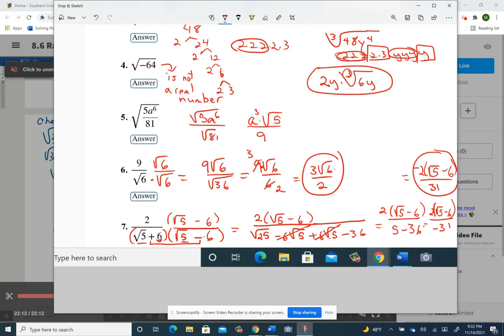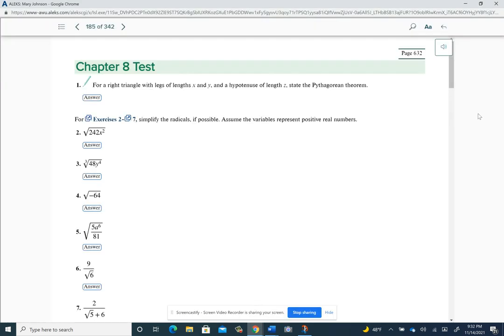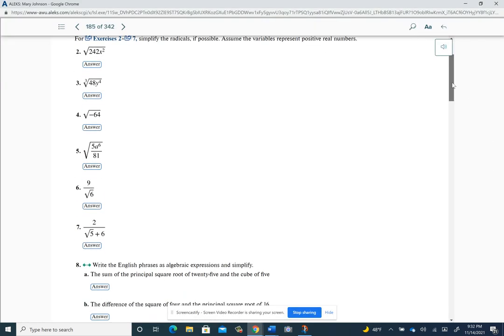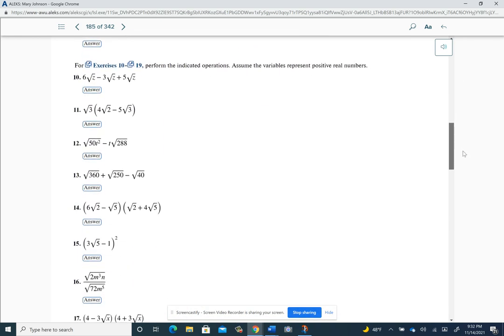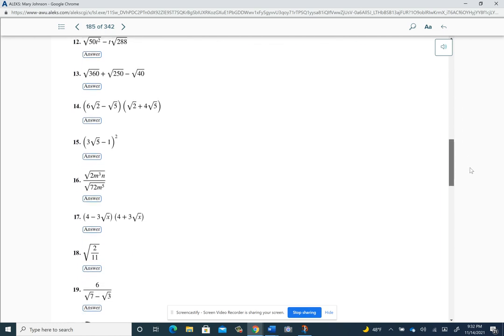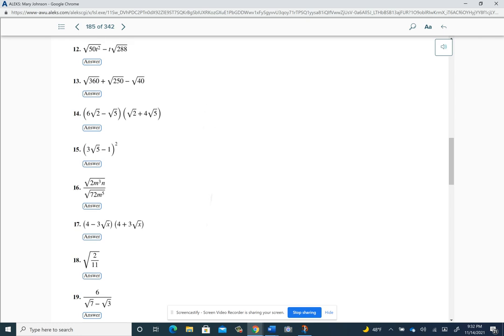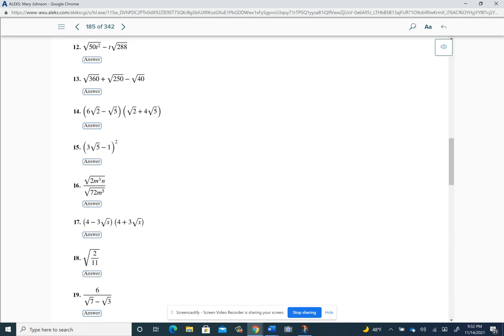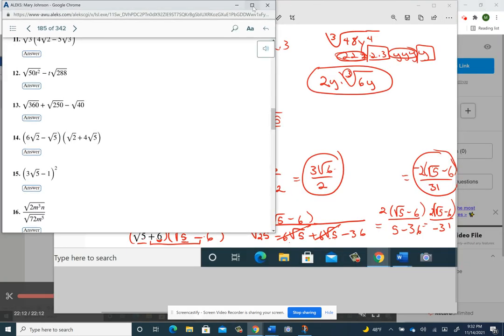Okay? All right, I'm going to go back to the textbook now and just move to some problems past that one. Get to where we're kind of adding and subtracting. So here on questions like 10 through 19, let me see if I can make that smaller and snip that whole. Nope, I can't make it any smaller.